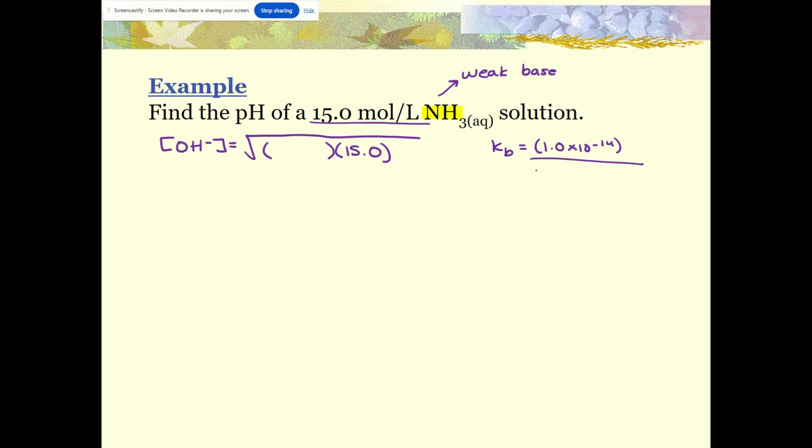So the ammonium ion Ka is 5.6 times 10 to the negative 10. Now, remember you are not rounding at any point in this question until your final answer. So when I do this calculation, I need to leave it unrounded.